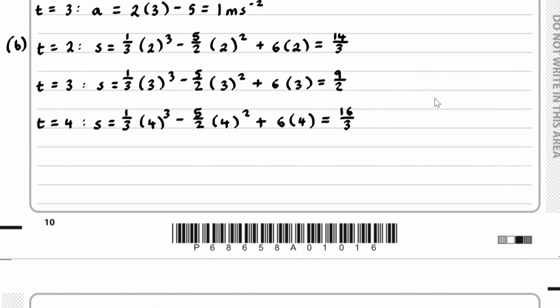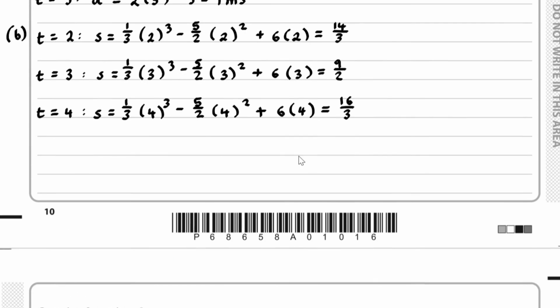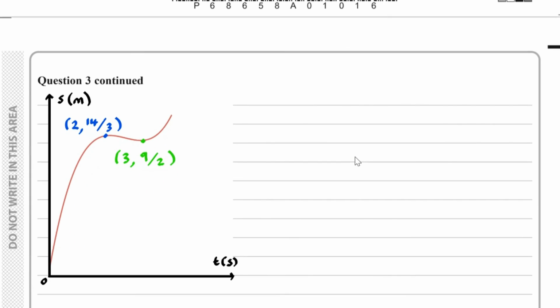I know when t equals 3, I've got 9 over 2. So here I've got 3, 9 over 2. And I know that when t equals 4, I have 16 over 3. So when t equals 4, s is equal to 16 over 3.